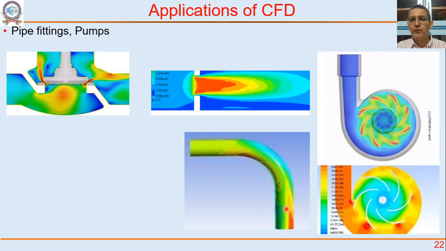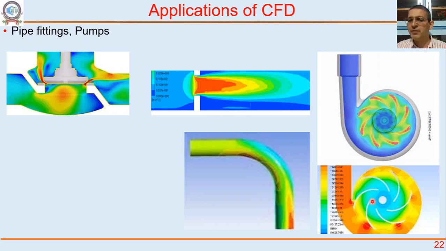Bend, we had got head loss coefficient on the bend. This is a velocity profile. Velocity comes in here. Red regions are high velocity regions. In all these cases, red regions are high velocity regions. And you see that velocity is going like this. That leads to a recirculation region here, recirculation here. That gives you a head loss. You can calculate that by CFD simulations. Pumps, these are velocity fields.